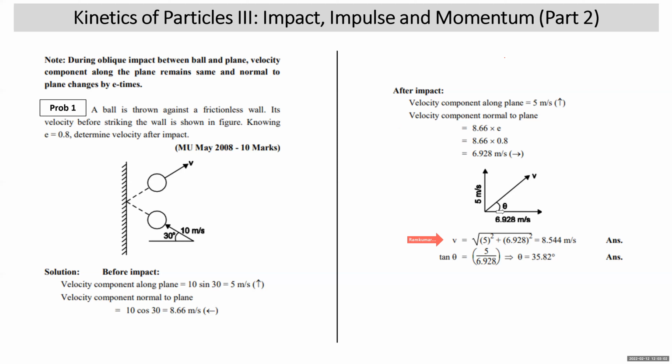Then you can find the angle that the resultant velocity after impact makes with horizontal. Tan theta is 5 upon 6.928. That comes 35.82 degree. So the ball which is hitting with a velocity of 10 meter per second at an angle of 30 degree with the horizontal before the impact, after impact its velocity is 8.554 meter per second, and the angle it makes with the horizontal is 35.82 degree. All right.